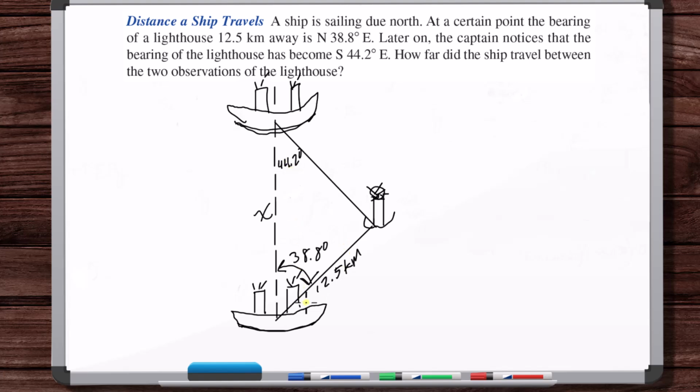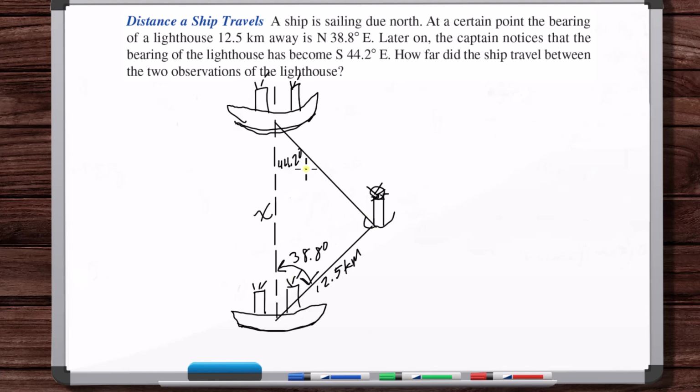Well, we're good. Once you have two angles and a side length, you don't have to worry that the side length isn't included between the two angles. It doesn't matter because we can automatically get the third angle. And now we've got two angles and an included side length. We've got the angle-side-angle congruence postulate satisfied, which means the triangle is fully constrained and we're able to solve it using the law of sines or the law of cosines.